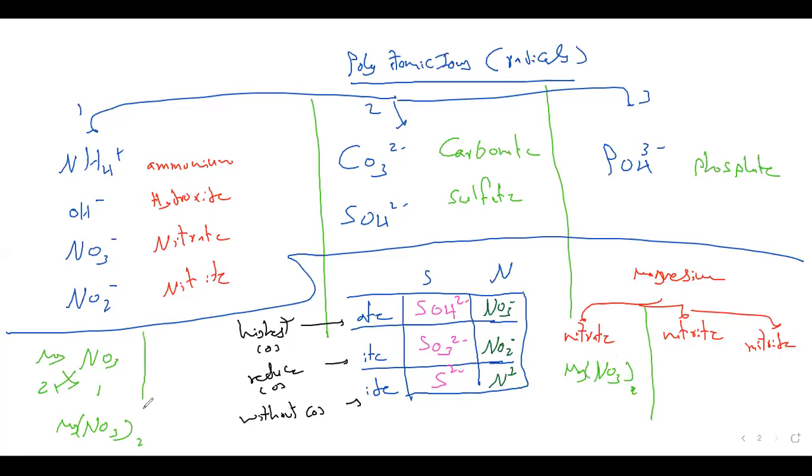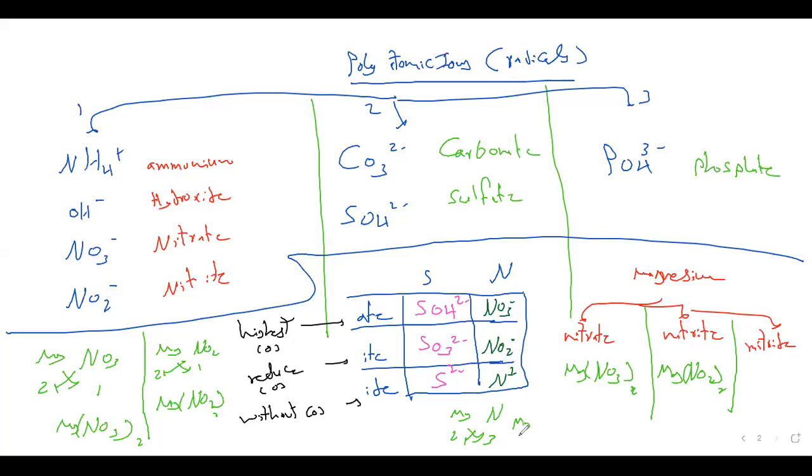For magnesium nitrite, Mg 2, nitrite valency 1. So it will be Mg(NO2)2. For magnesium nitride, Mg 2, and -ide means the element N, valency 3.